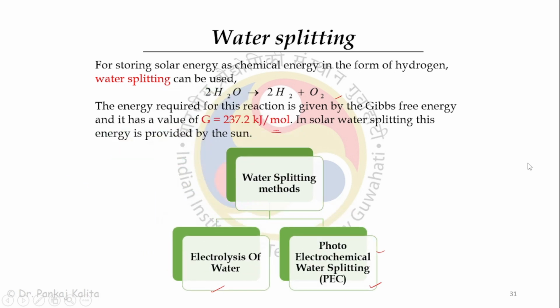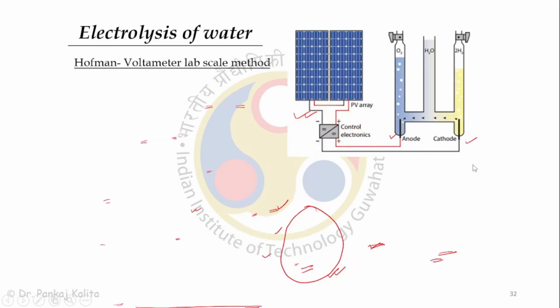There are two methods of water splitting. One is electrolysis, where we provide electricity and the reaction happens at the cathode and anode. The other is photoelectrochemical water splitting, where the electricity is provided through a PV array. Rest everything is almost the same.